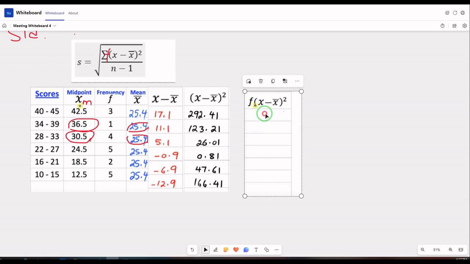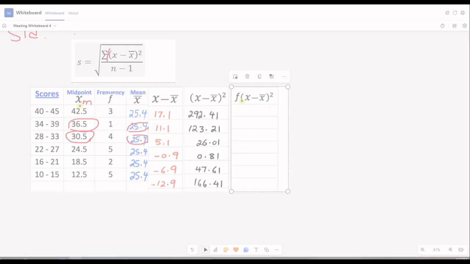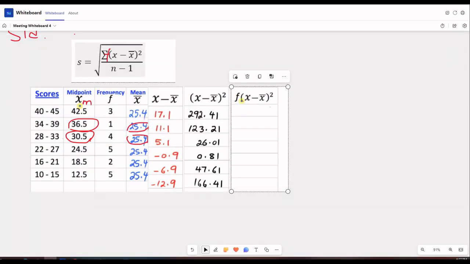Because this bit is calculated, now I have to multiply each by its frequency. And now if you do the same and calculate all the steps, you add all of these numbers together.